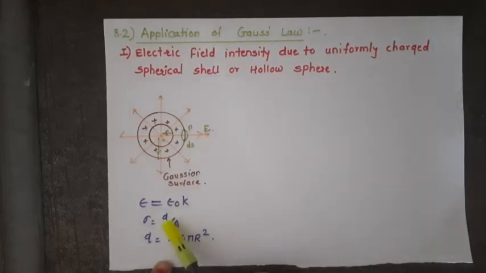If we calculate the charge on this sphere, rearranging the equation, q is equal to sigma into A. But we know the area of a sphere is 4 pi r square. So q is equal to sigma into 4 pi r square.